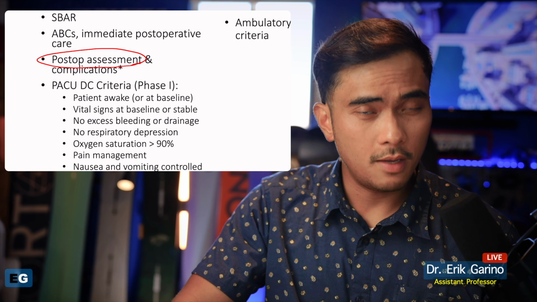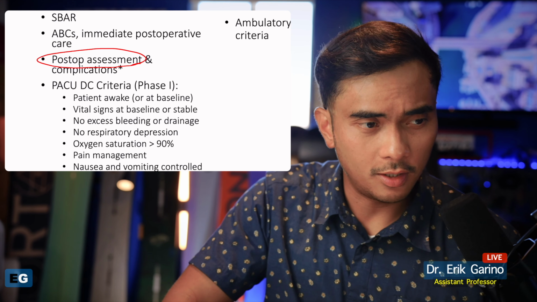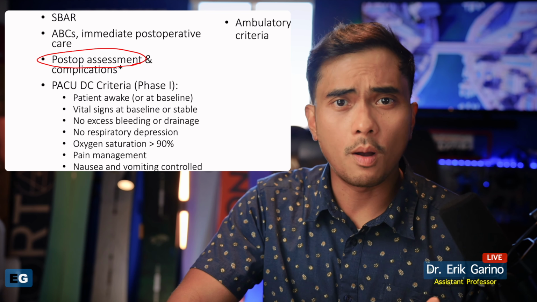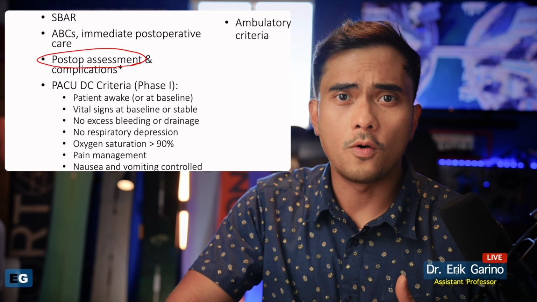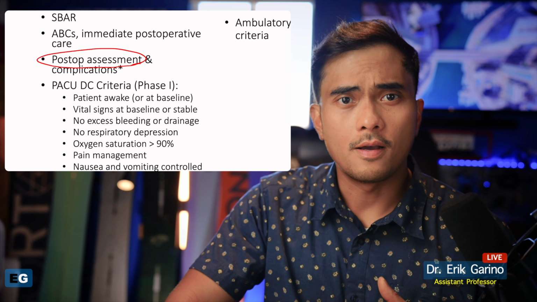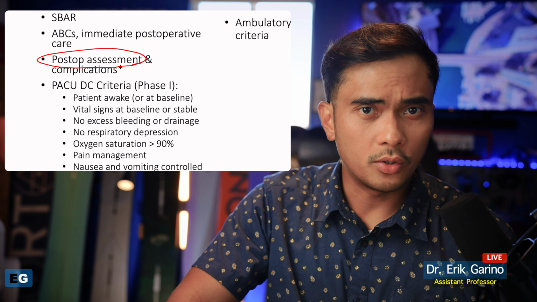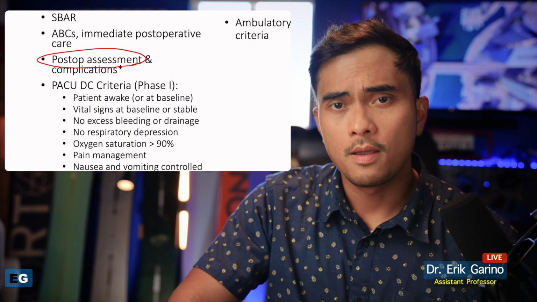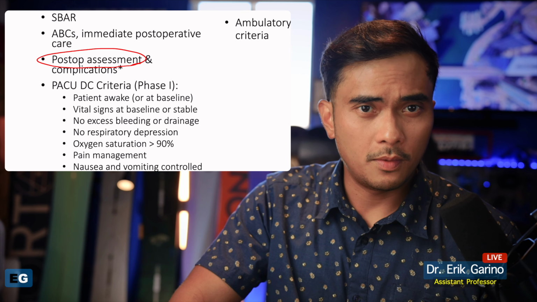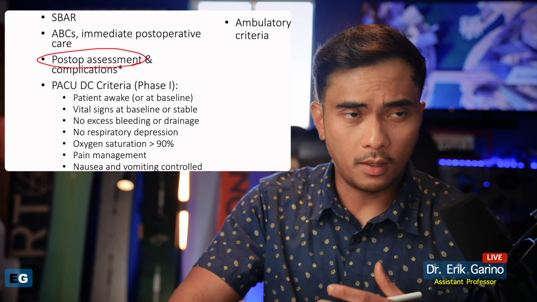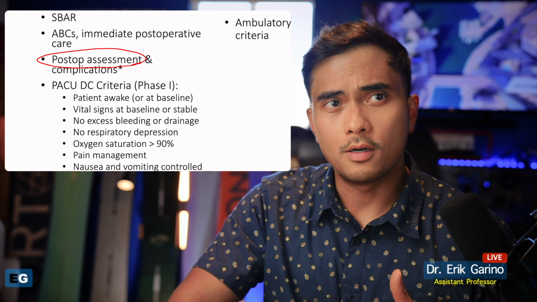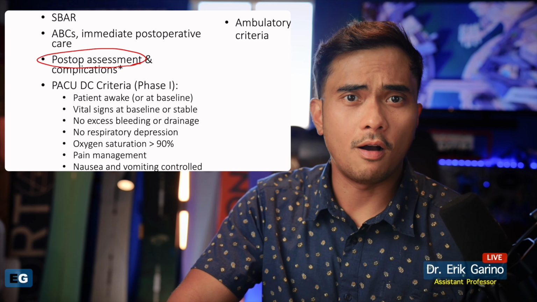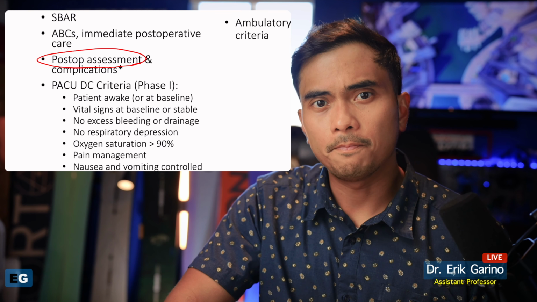Frequent BP and vital signs monitoring, especially the blood pressure, for complications of hypotension or hypertension. Again, the vital signs monitoring is usually done every 15 minutes in phase one. Also, frequent assessment of their circulation, including body temperature, capillary refill, skin color, and moisture.